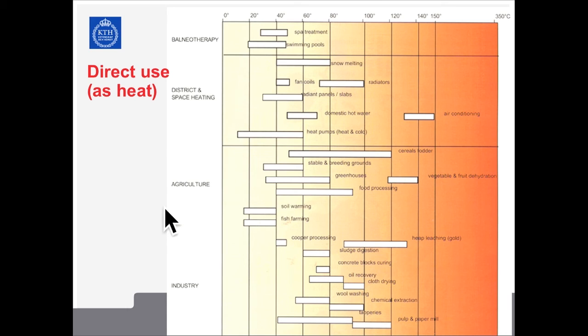Direct use of heat from geothermal sources can be achieved in various ways, starting from low temperature applications. We don't need to talk much about those, and going through different types of heating applications, whether district heating or greenhouses or industrial processes, agriculture processes, and other.